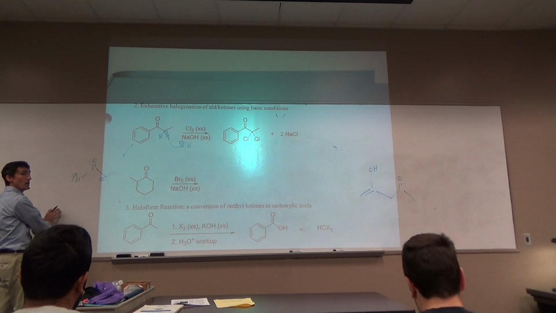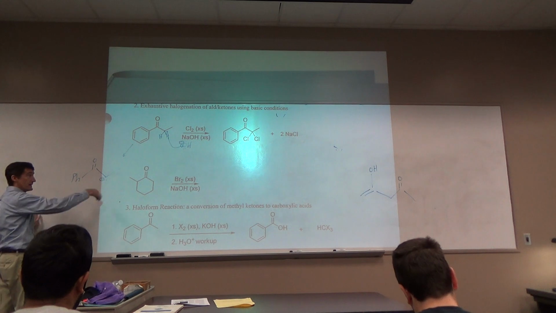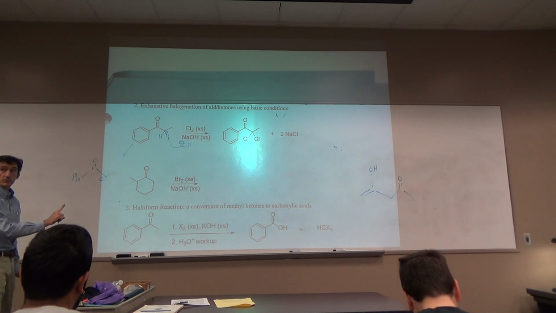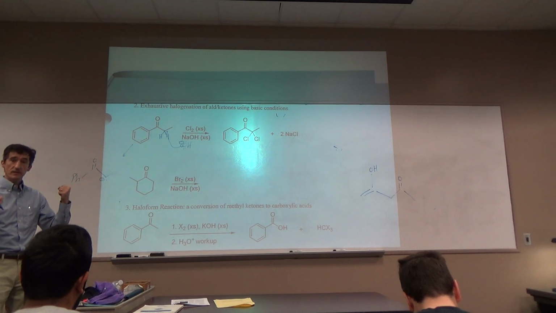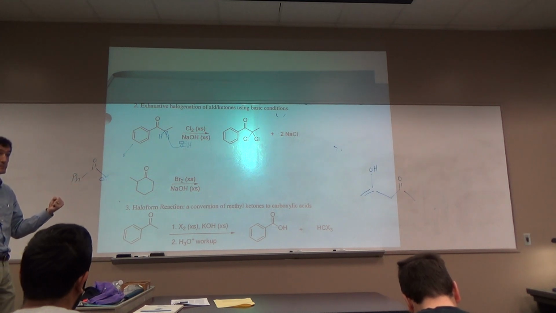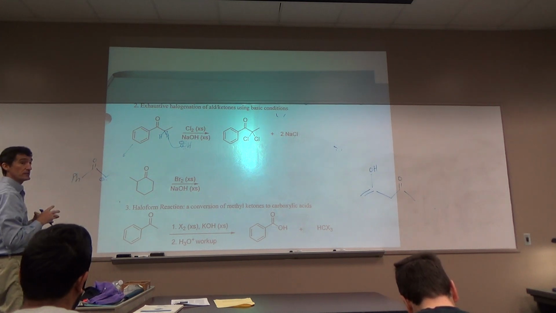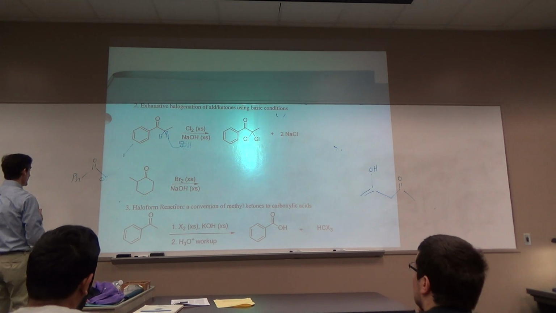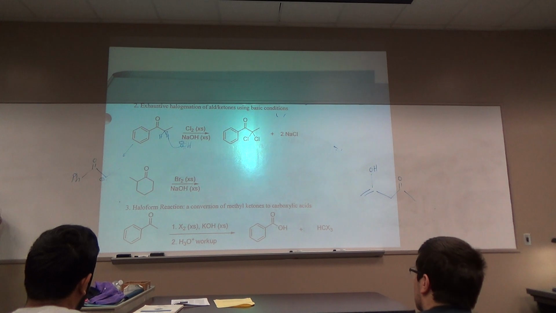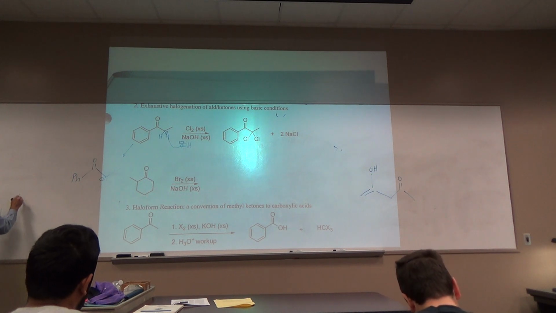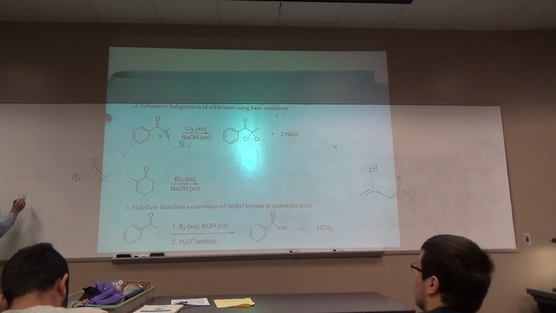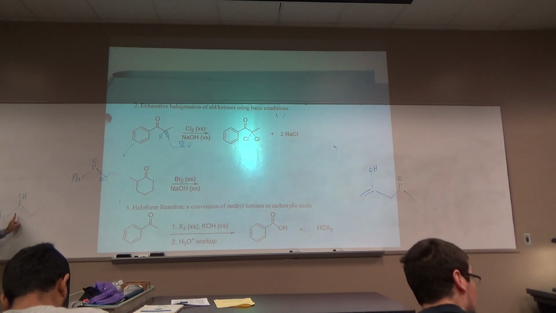Now I'm going to continue on to the enol, but then we're going to come back to this structure here. On the first page we showed the conversion from keto to enol with acidic conditions. Here I'm showing it with basic conditions. I'm going to show the enol. Get here with basic conditions.